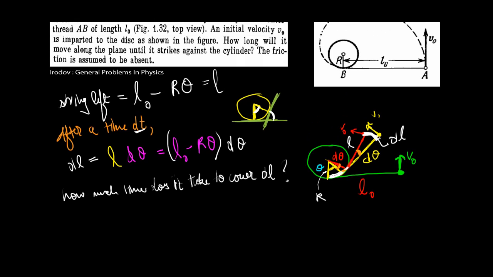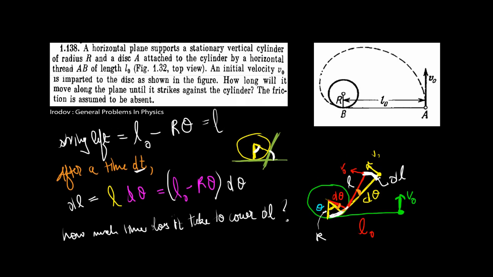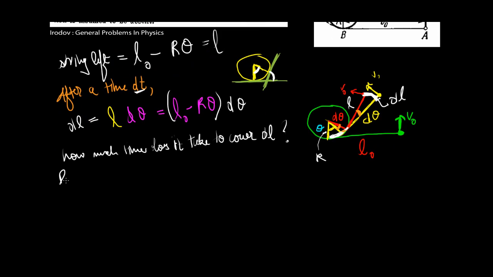Well, dl is the distance and v0 is the velocity, so we know that distance is speed times time: distance is dl, speed is v0, and time is a small time dt. So what is dt then?